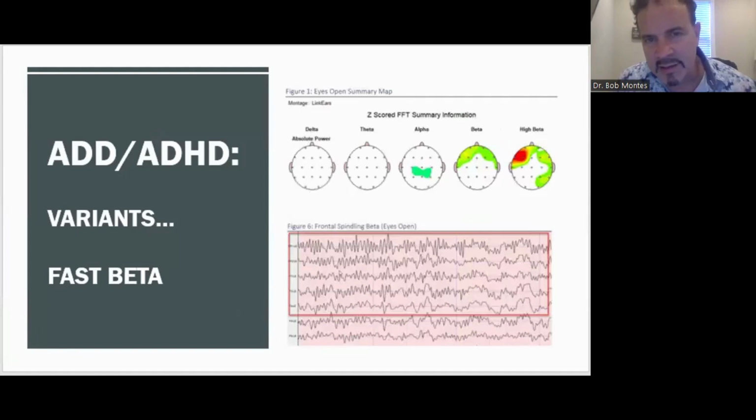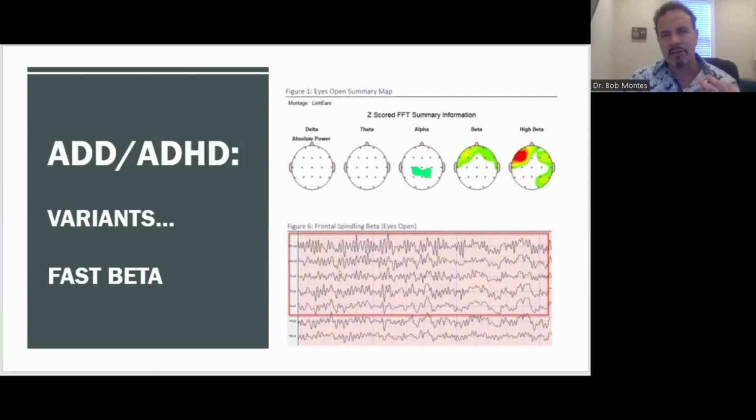So ADD has a number of variants. In some cases, the variant has to do with just how you have maybe a high beta or a fast beta going on. You can see that across the top in the actual record.